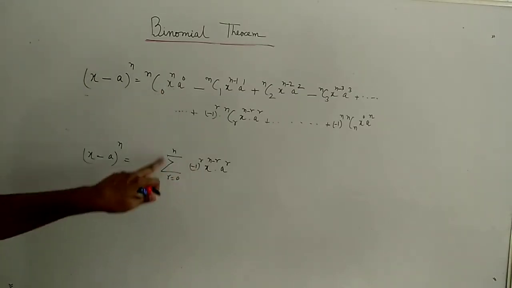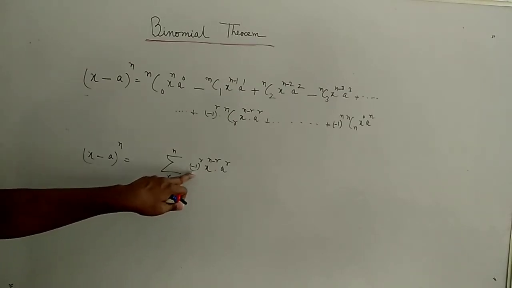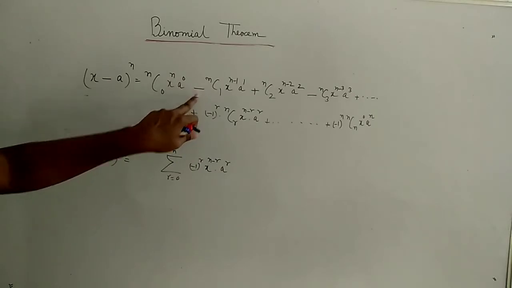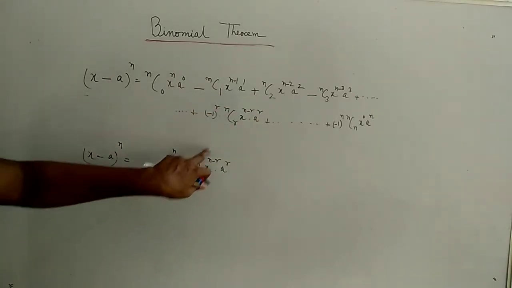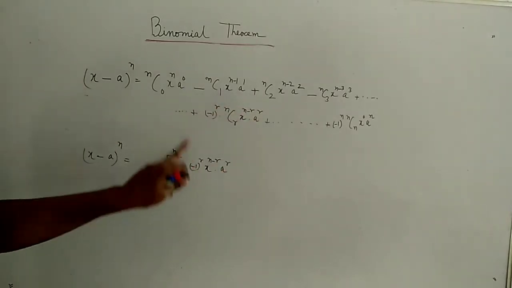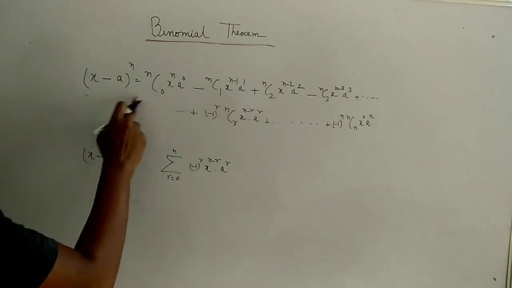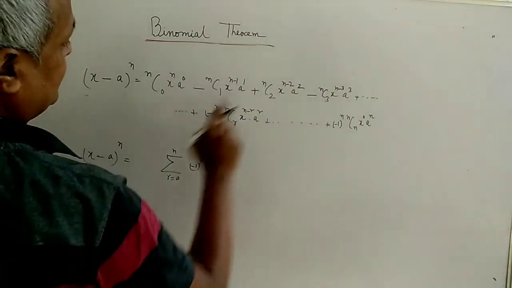Now the next time, r is 1, so minus 1 to the power 1. Minus 1 to the power of an odd number is negative. Again when r is 2, minus 1 to the power of an even number is positive, because the value of r alternates: starting from here, this is r 0, this is r 1, r 2, r 3, r 4.